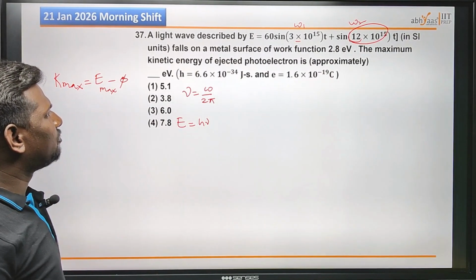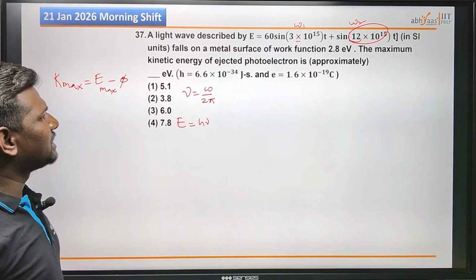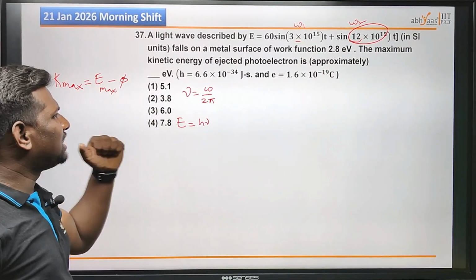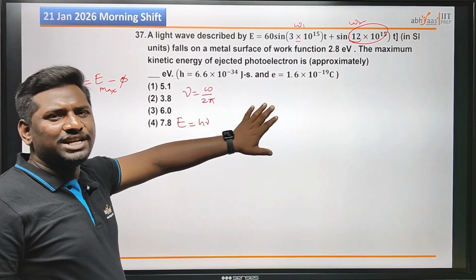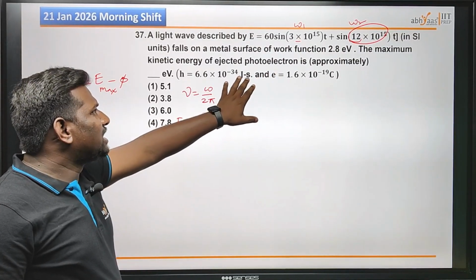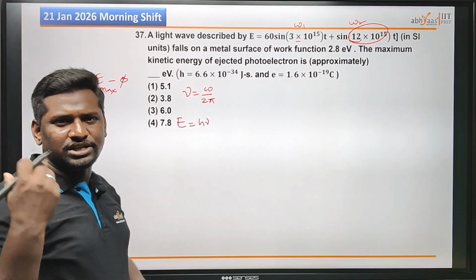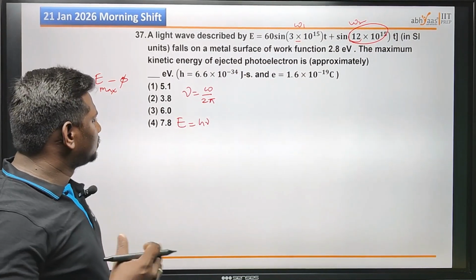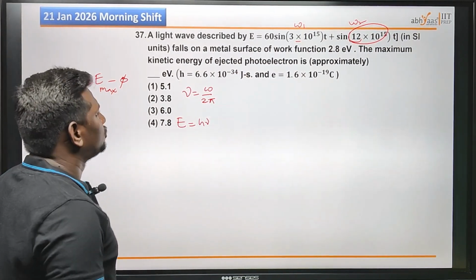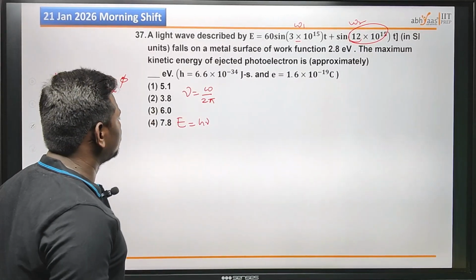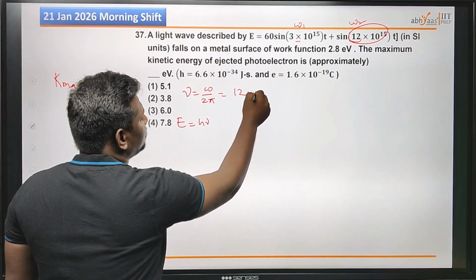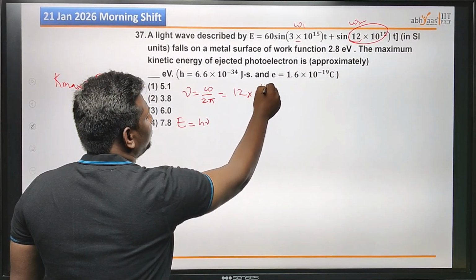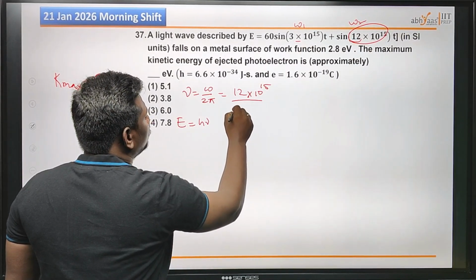If you solve with omega 1, we are getting the energy less than the work function. If energy is less than the work function, there is no photoelectron ejection. So see here.